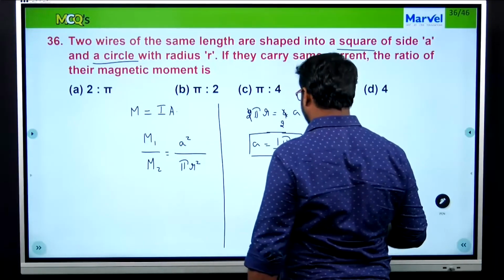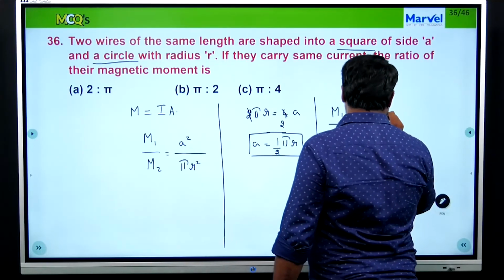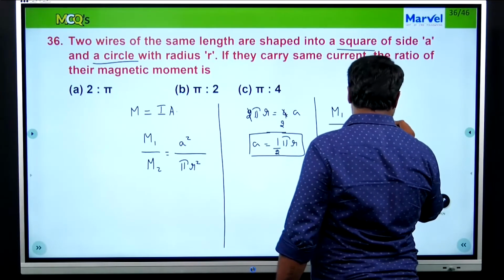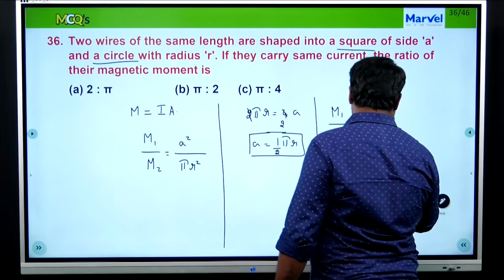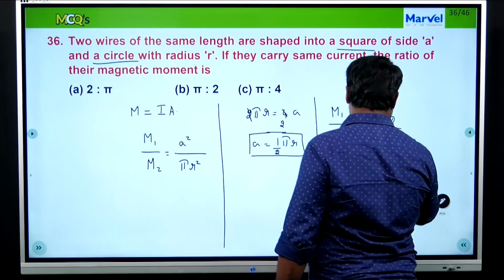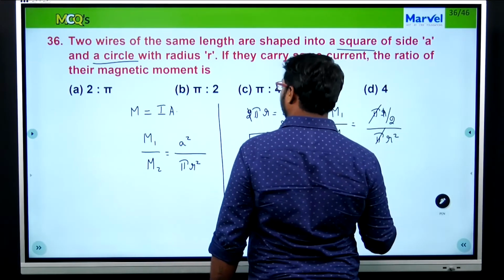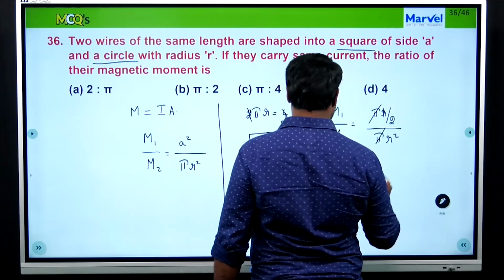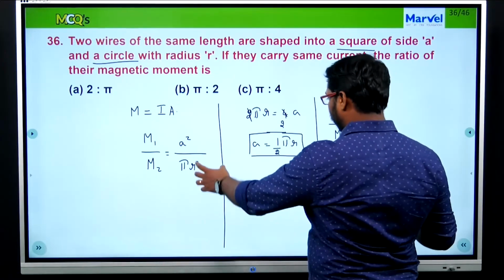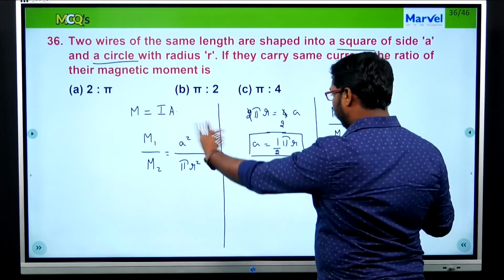Which is equal to pi R by 2 divided by pi into R squared. Wait, here I will substitute this and we have to square it.